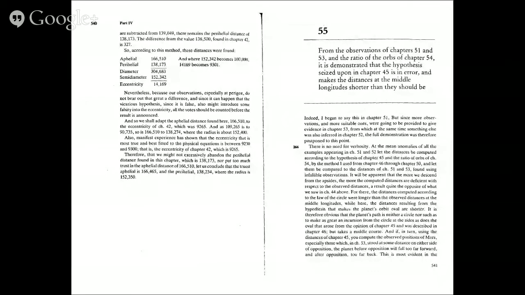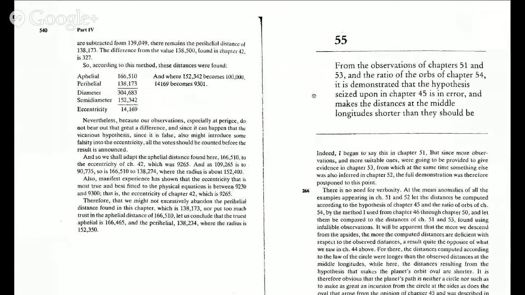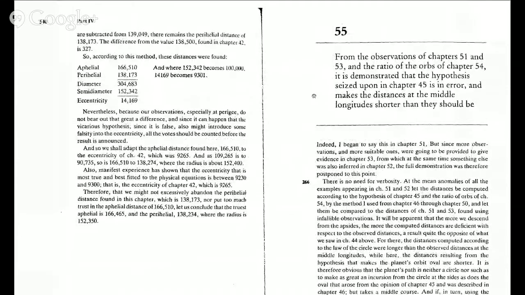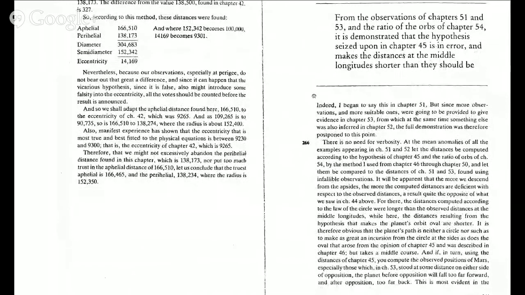It will be apparent that the more we descend from the apsides, the more the computed distances are deficient with respect to the observed distances, a result quite the opposite of what we saw in chapter 44 above. For there the distances computed according to the law of the circle were longer than the observed distances at the middle longitudes, while here the distances resulting from the hypothesis that makes the planet's orbit oval are shorter.